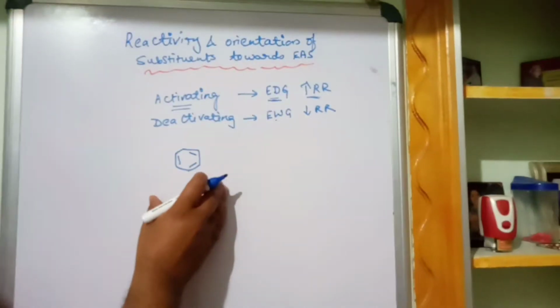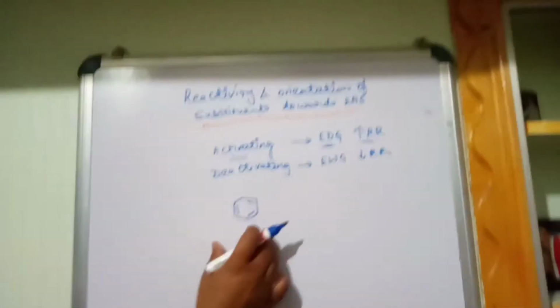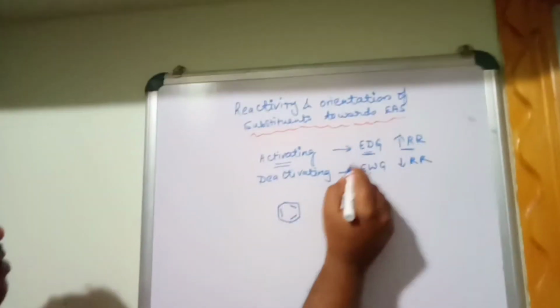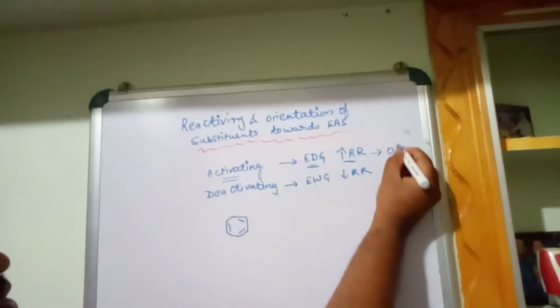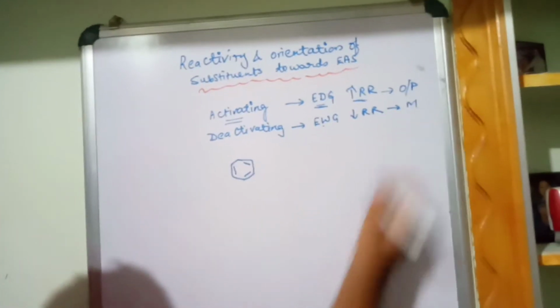They will undergo electrophilic aromatic reaction, but if there is an activating group, it increases the rate of reaction. How do the activating groups increase the rate of reaction? We are going to discuss. Also, these activating groups are ortho or para directors, whereas deactivating groups are meta directors.